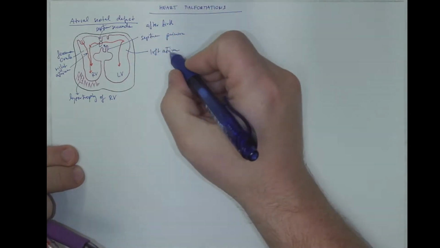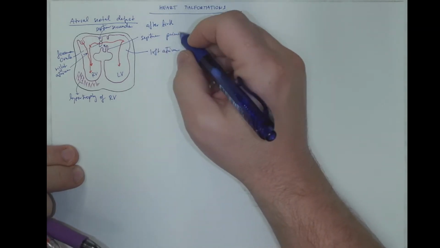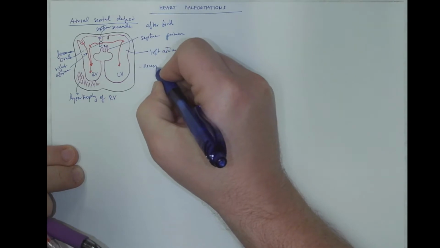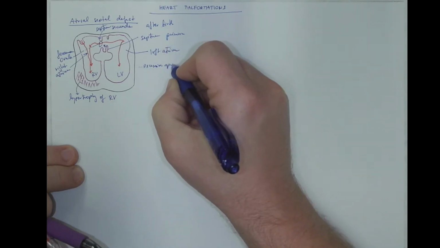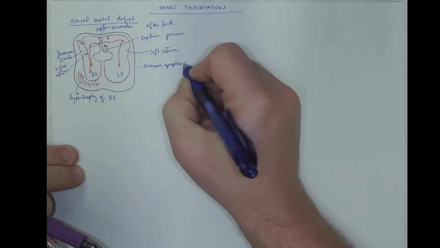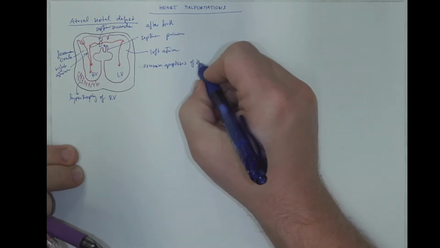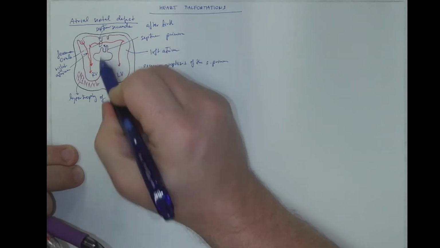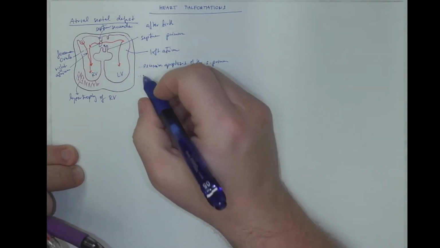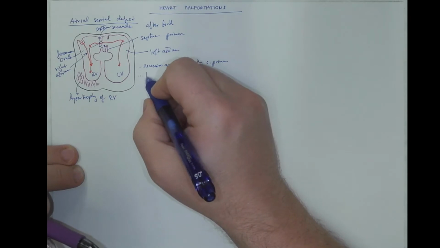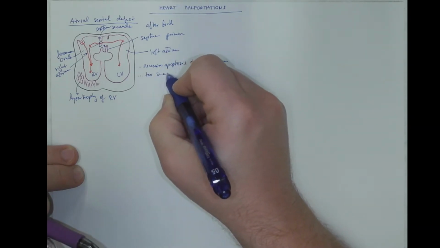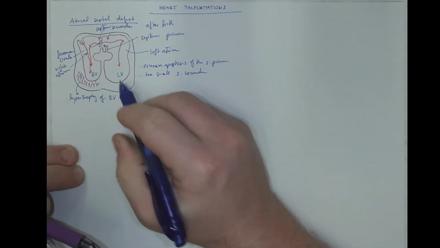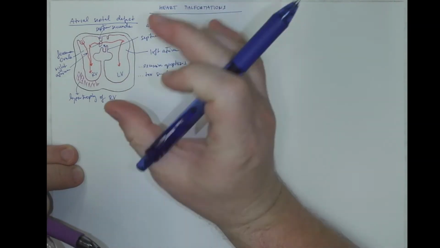So this could be caused either by, for example, excessive apoptosis of the septum primum. So the septum primum is too short. Alternatively, there could be too small a septum secundum, leaving the foramen ovale too large.